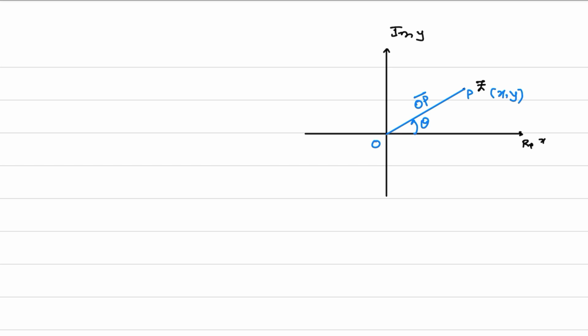Now, we are going to define what a straight line is. How do we define a straight line in complex analysis?